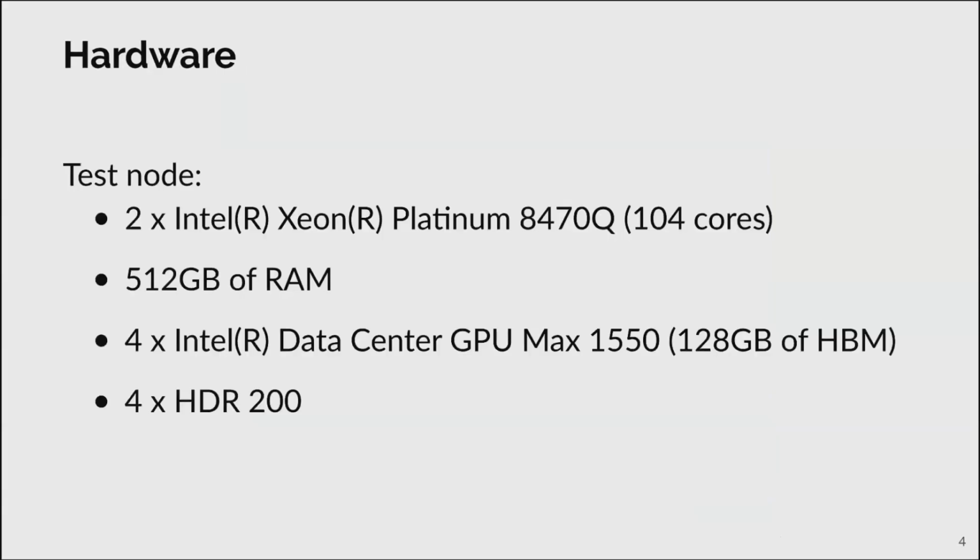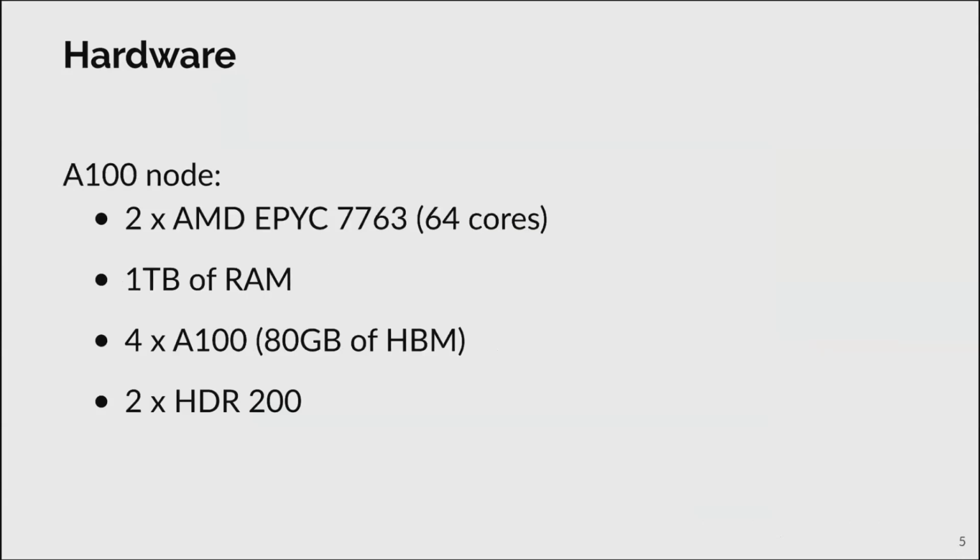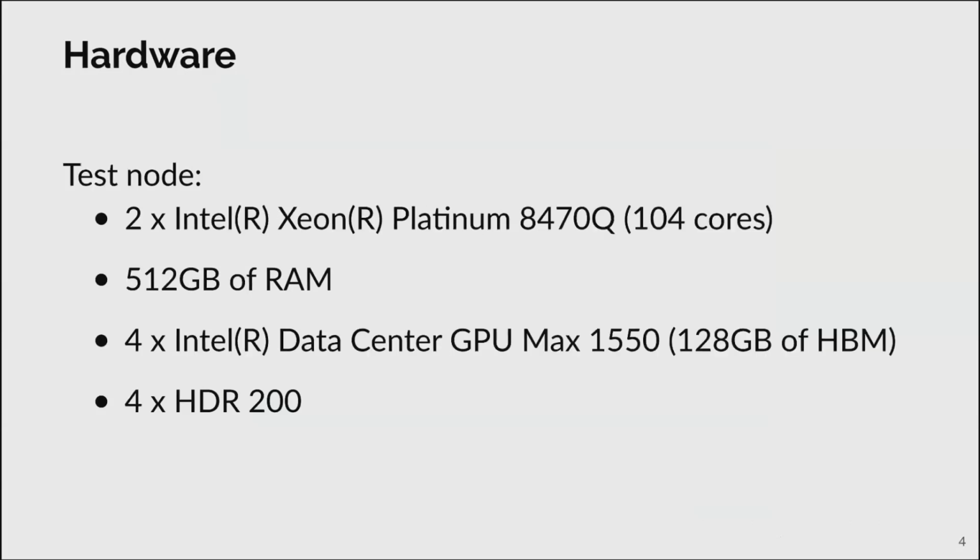Okay, so the hardware. Some time ago, a couple of months, we got a test node from Intel, which is equipped with two Intel Xeon Platinum CPUs, altogether 104 cores.